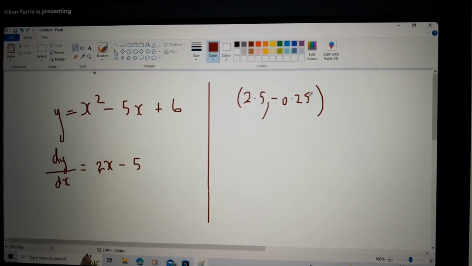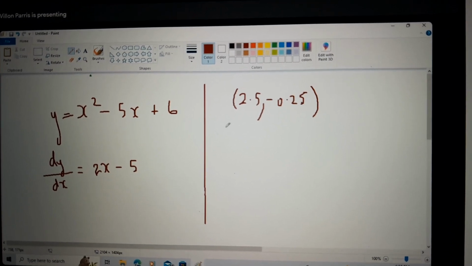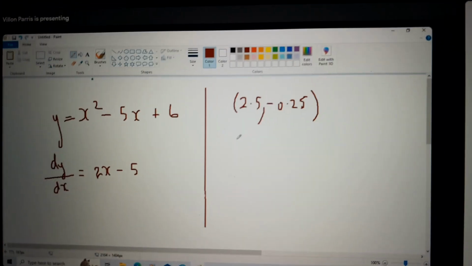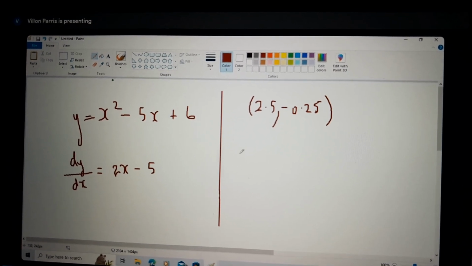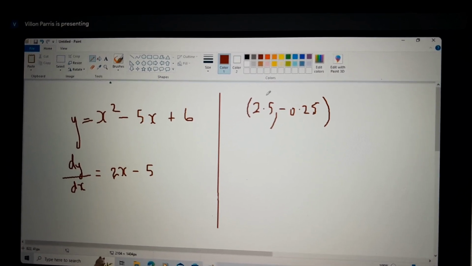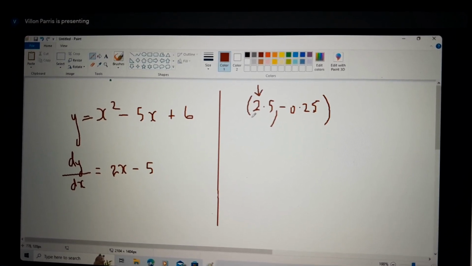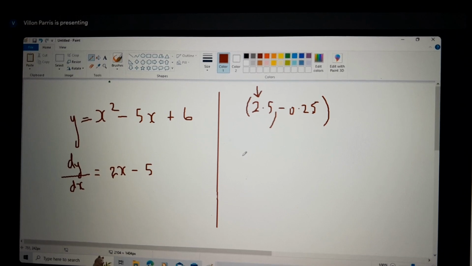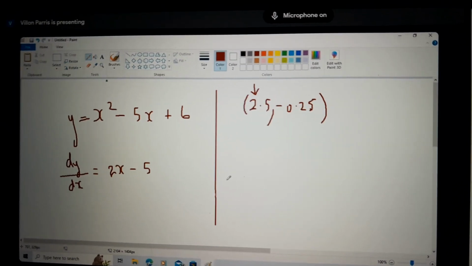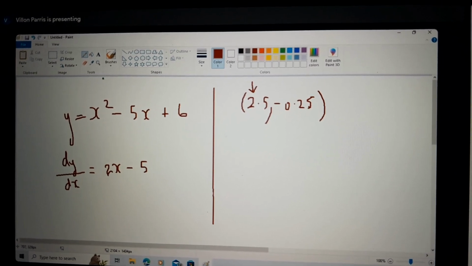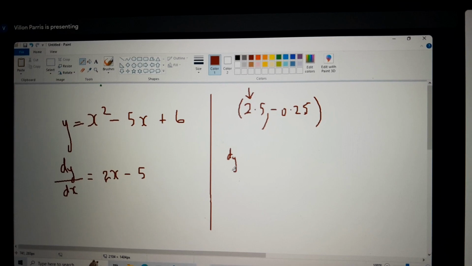And they'll ask us to determine whether it's a maximum or minimum point. Now, what we can do, if I look at the behavior of the graph of the gradient around this point, 2.5. So let me take a point that's just before 2.5. Someone give me one quickly. 2.4, sir. Good.